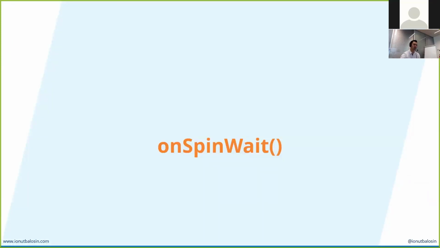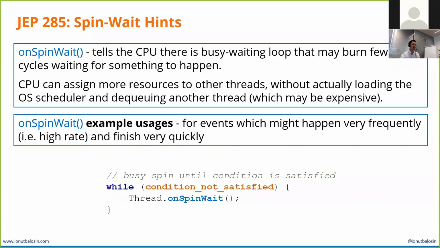onSpinWait was a new method added in JDK9, which belongs to the Thread class. So if you zoom inside the Thread class, you will see this onSpinWait. What it basically does is tell the CPU there is a busy-waiting spin loop, waiting for something to happen, but that event could happen very frequently and finish very quickly.